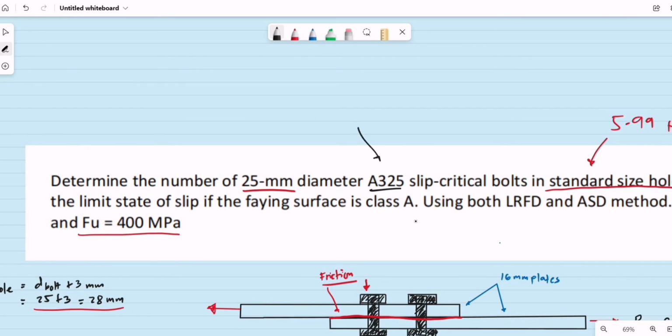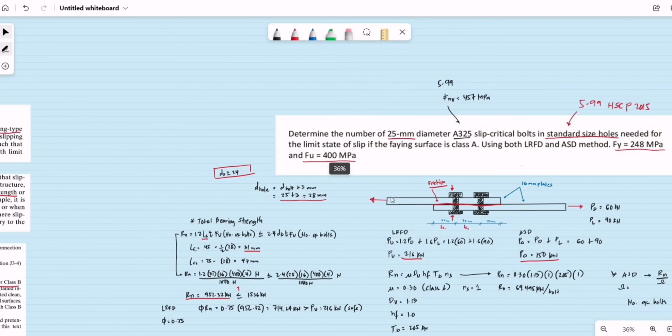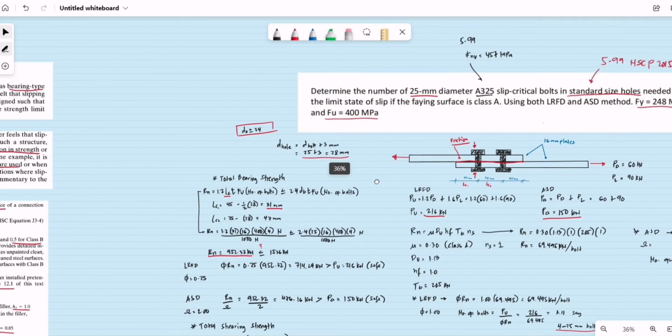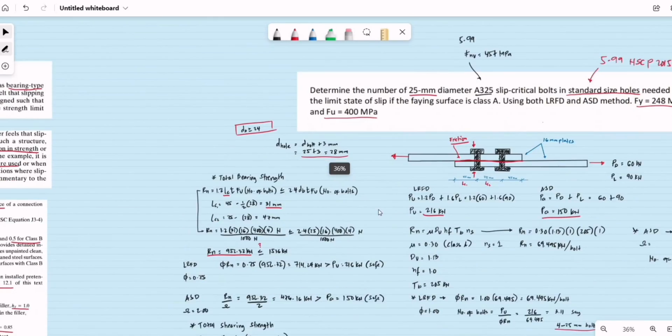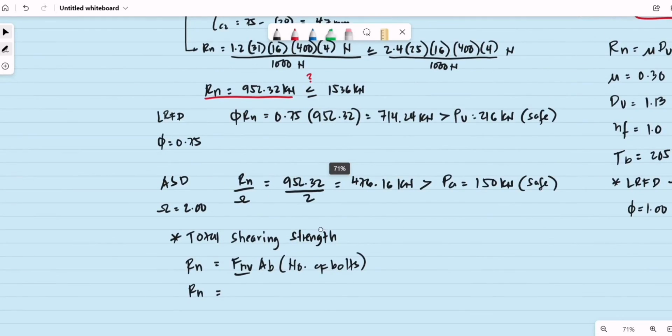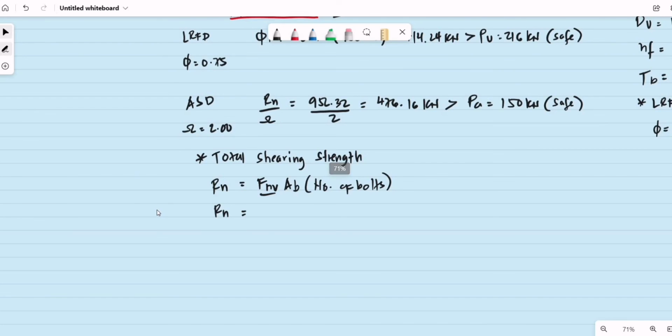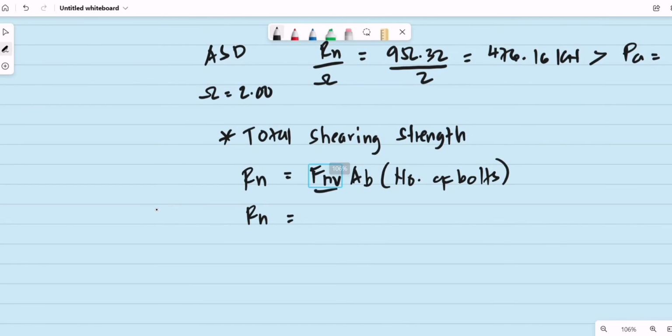From NSCP, on page 5-99, the value of Fnb is equal to 457 megapascals.